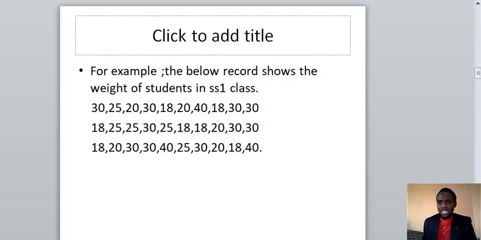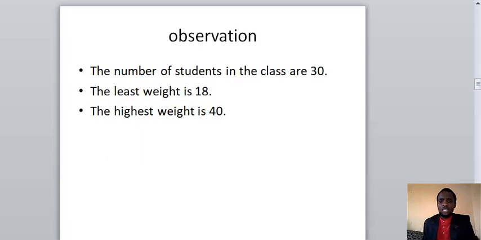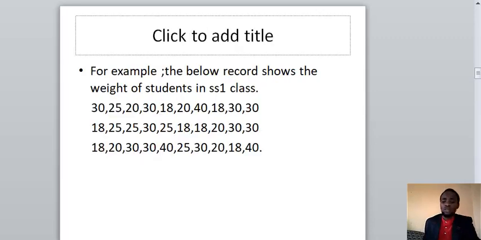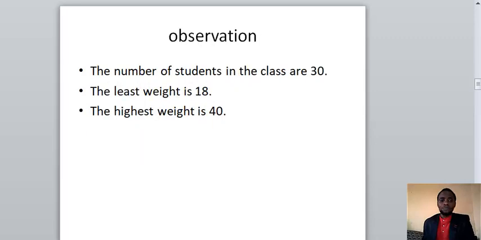If you look at it, there is no weight that is more than 40 in that class. We have other things that we can also observe, but those are just the few we mentioned. You can also think of observations that you can draw out of this data.